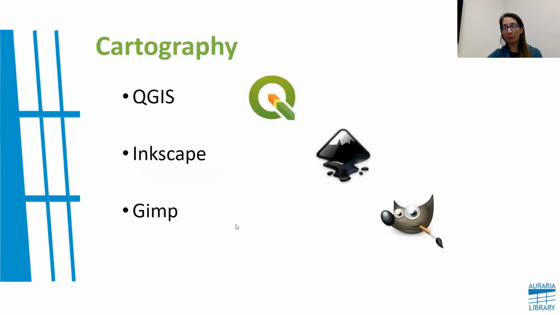So speaking of cartography, an example of a really nice setup for a MapTime meetup is Dr. Tobias has a great outline on her GitHub account for doing QGIS Inkscape cartography.